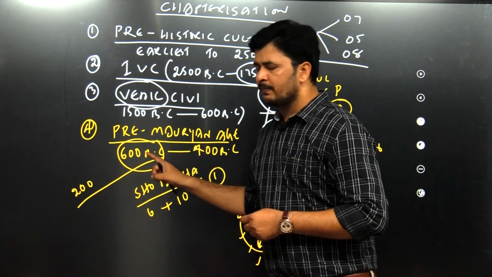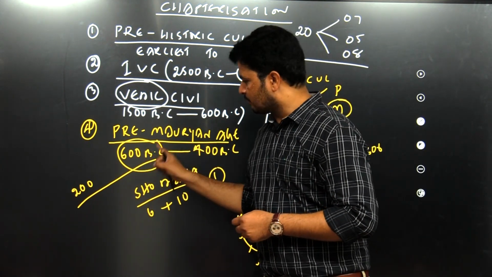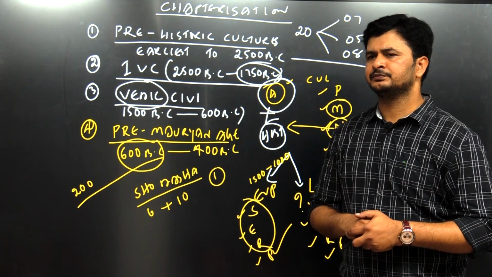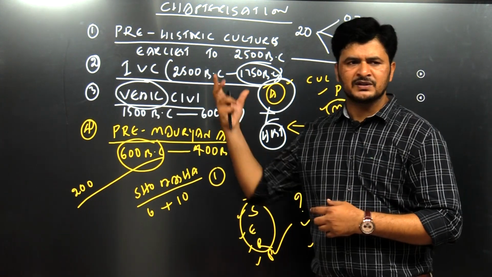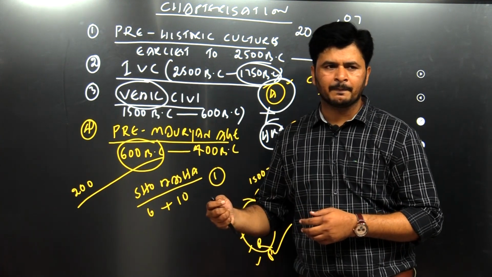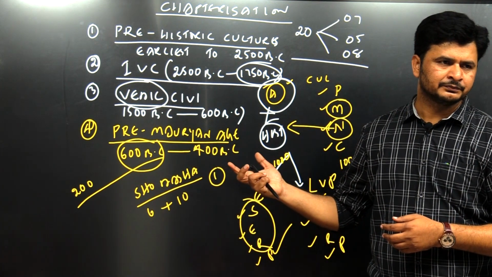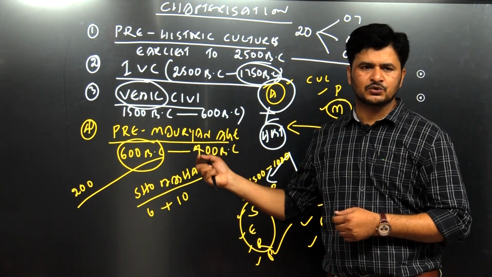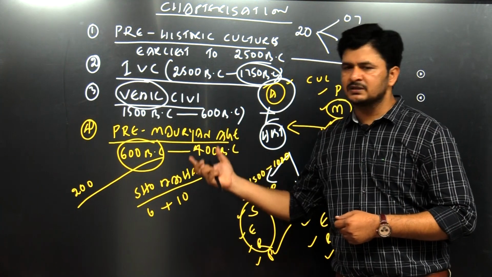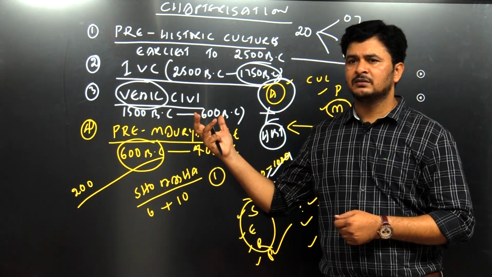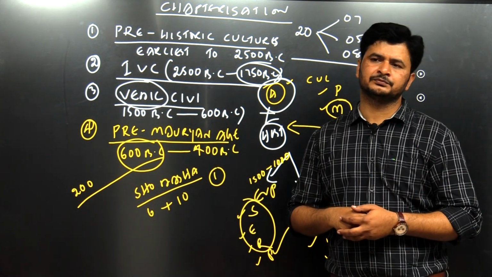Buddhism enjoyed official status for about 400 years, from 600 BC to 200 BC. Buddhism was patronized by certain dynasties and rulers, especially the Mauryan dynasty, Mauryan Ashoka. Because of Ashoka's efforts, Buddhism earned the name and fame of an international religion.